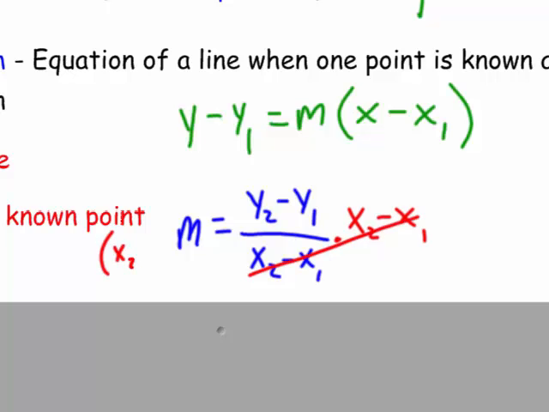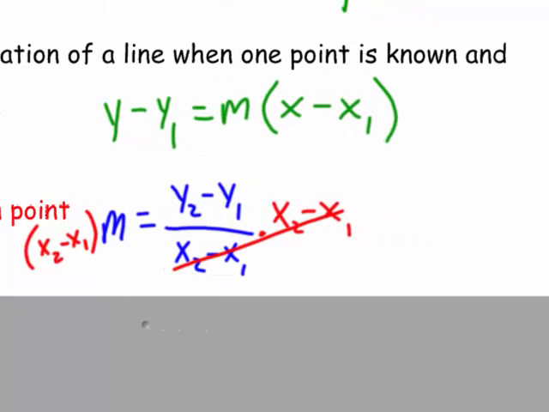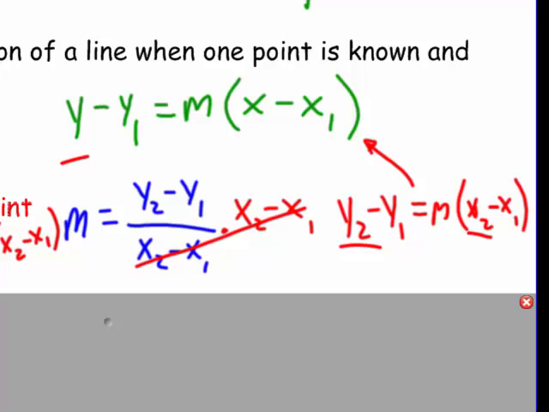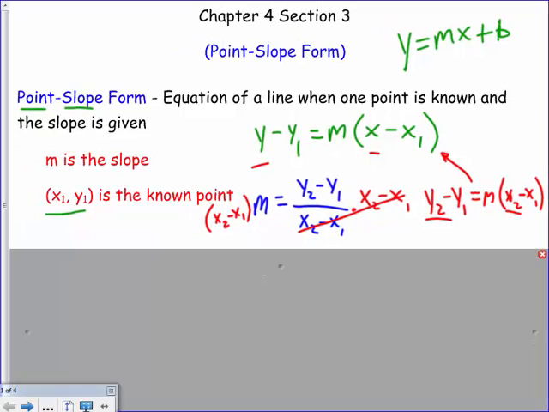If I multiply by x2 minus x1 on that other side, and then rewrote this and flip-flopped the spots, I'd have y2 minus y1 equals m times x2 minus x1. Well, isn't that this right here, except instead of y2 we just wrote y, and instead of x2 we just wrote x? They're the exact same thing.